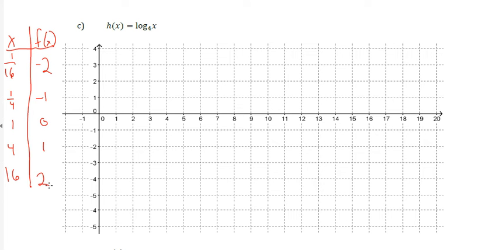And sometimes I find, especially when you're getting started with logarithms, it's easier to think about what we would think of as the y values first, because those are our exponents, and then use that to generate the x values. So you're taking advantage of the fact that this is an inverse function of 4 to the x power.